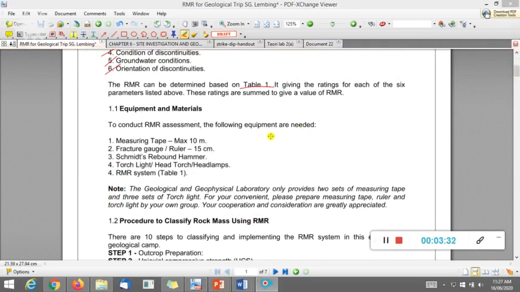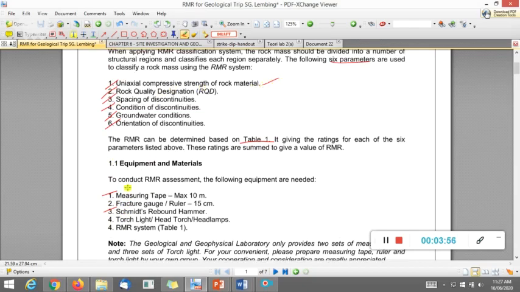To conduct an RMR assessment, this is all the equipment needed. It's the same as cooking: you need ingredients to cook. For example, you have to bring a measuring tape. Normally a tape, because it's easy to measure the distance. And then a Schmidt hammer, which is used to determine the UCS.